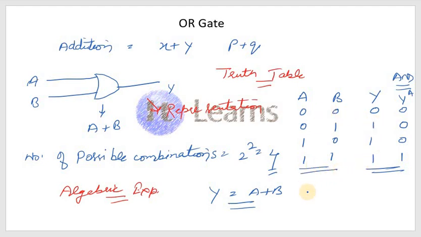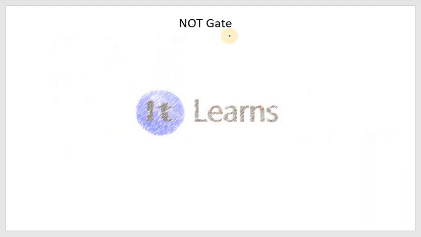Alright, and now let's move on to NOT gate. NOT gate is basically the simplest gate, also known as inverter. You will see in a short time why I'm saying so. A NOT gate is represented as this.